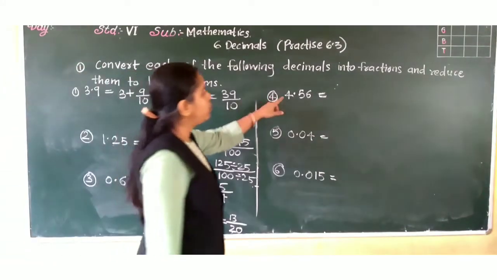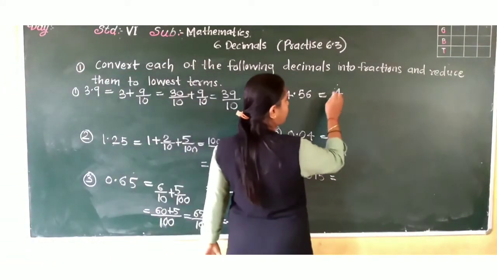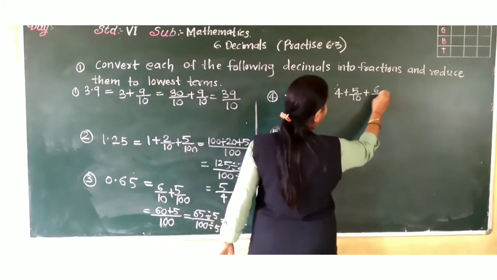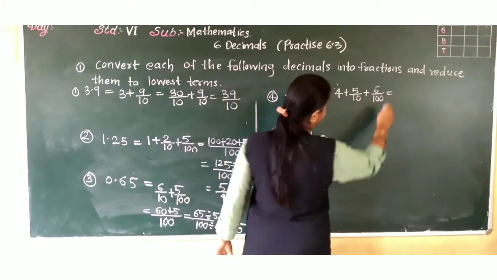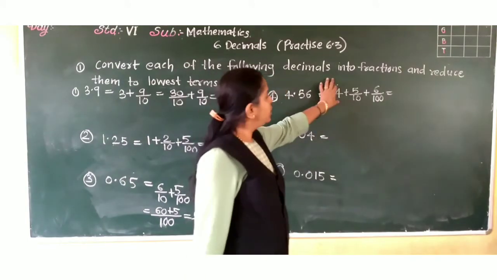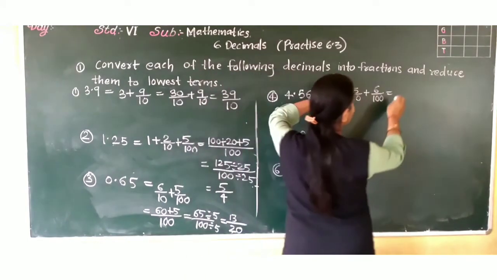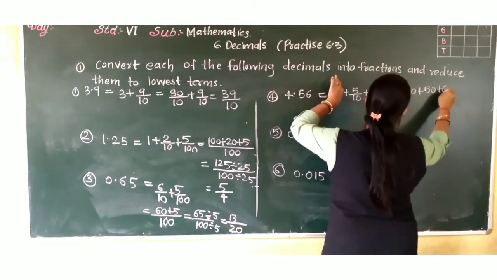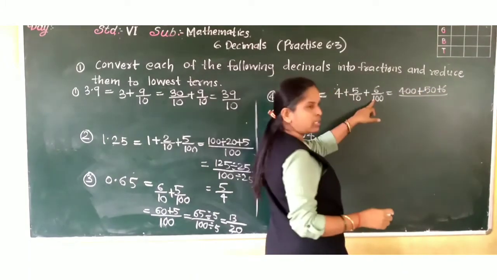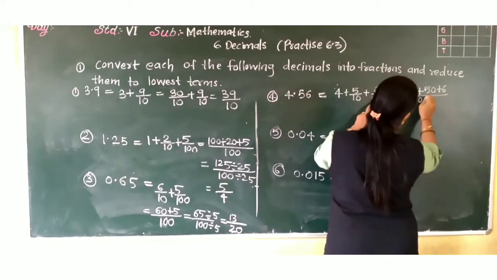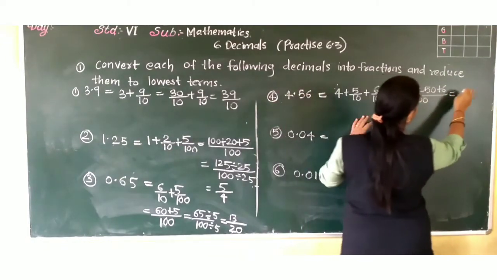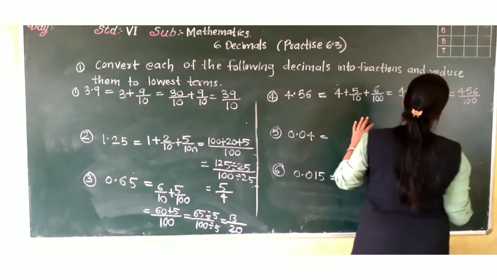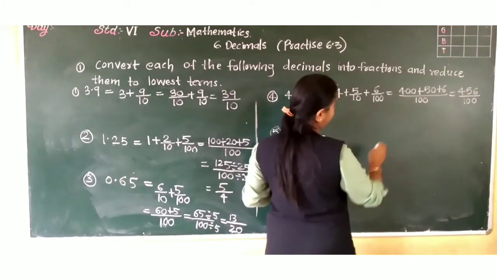Next, 4.56. 4. How to write the expanded form? 5 upon 10 plus 6 upon 100. Now, multiply this by 100, this by 10. So this is 4 into 100, 400 plus 50 plus 6, and the denominator will remain the same, that is 100. Okay, 456 upon 100.